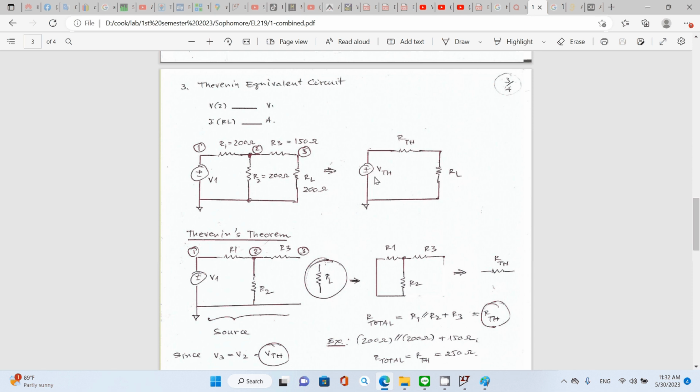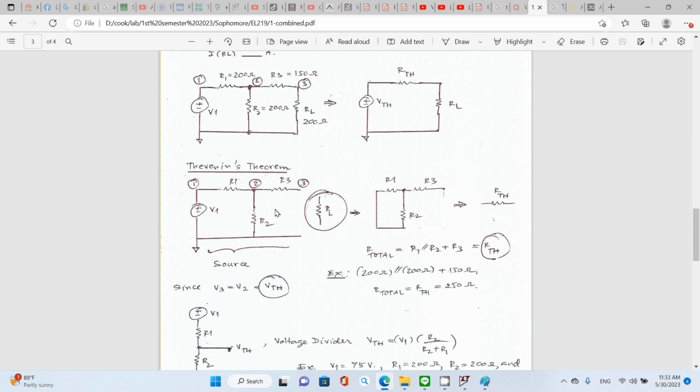That means you have only one supply voltage, VTH, and only one internal resistance, RTH, connected in series with RL. For the Thevenin theorem, this means that VTH is going to be equal to V open, or V2 or V3, because both of them are equal.